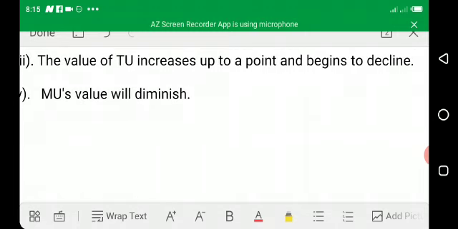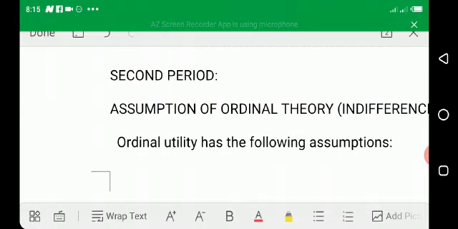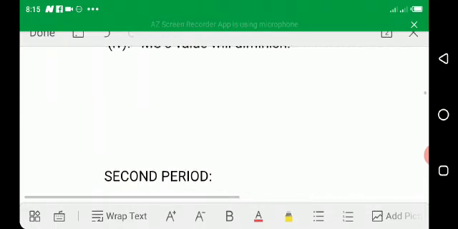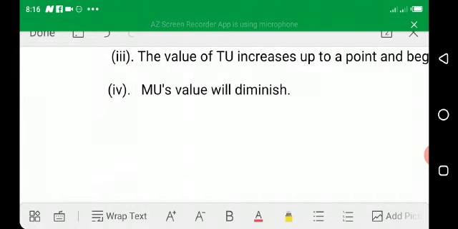As we have said earlier in the previous class, consumption of successive units of a commodity will reduce or diminish the value of total utility. So far so good. This is how calculation on consumer theory can be done.